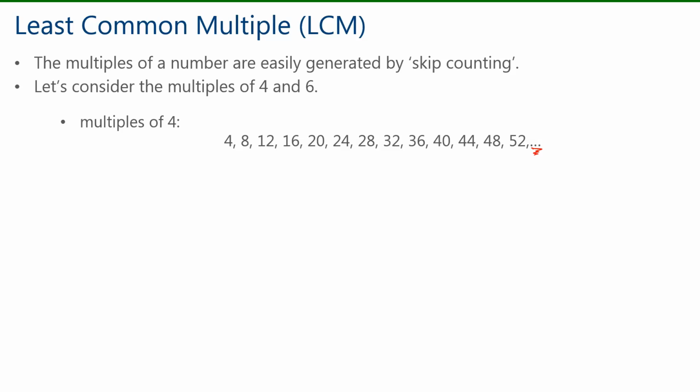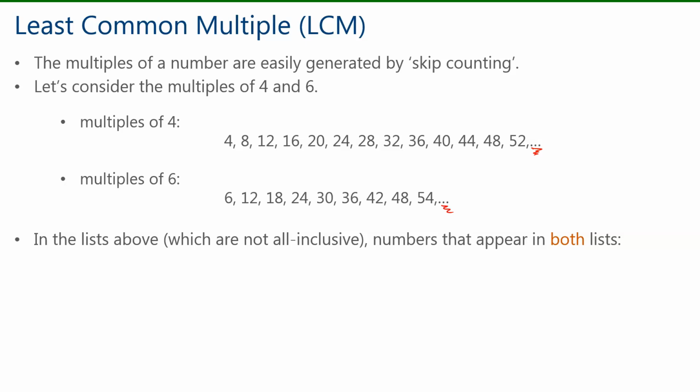But we're going to stop at 52 for now. Now let's look at our multiples of 6. So 6, 12, 18, 24, 30, 36, 42, 48, 54, and again, the ellipsis tells us we could keep going, but we'll hold our list right now from 6 to 54.